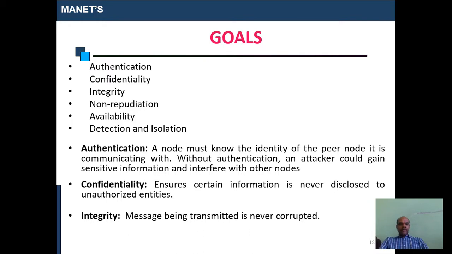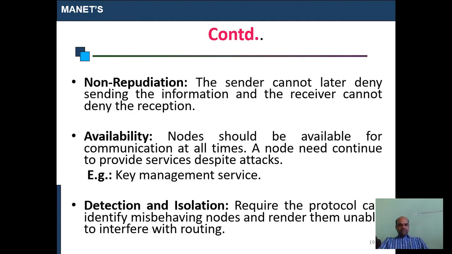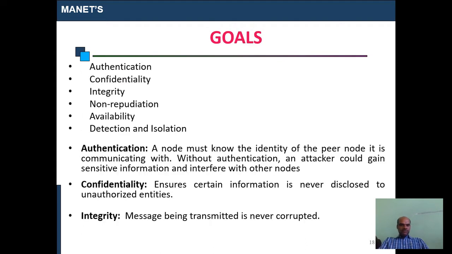Integrity means the message being transmitted is never corrupted. Before transmitting the data, it is checked whether it is authenticated or not, so there is a lesser chance of the data being corrupted. Non-repudiation in the sense the sender cannot later deny sending the information and the receiver cannot deny the reception.